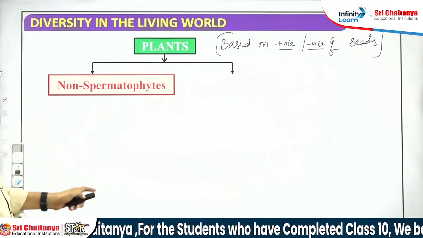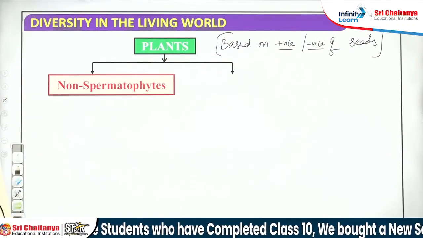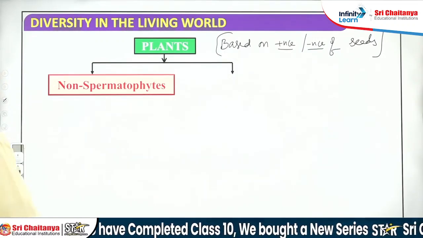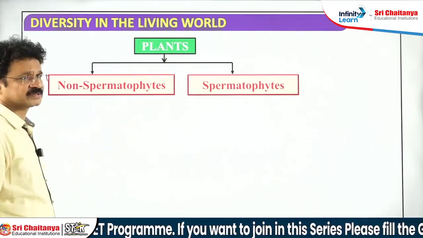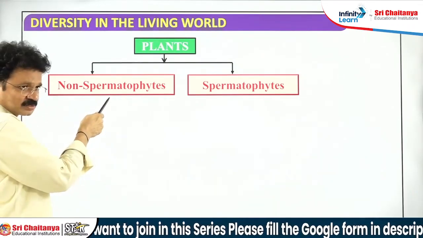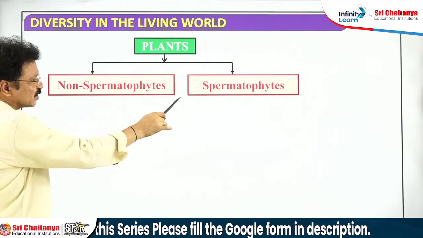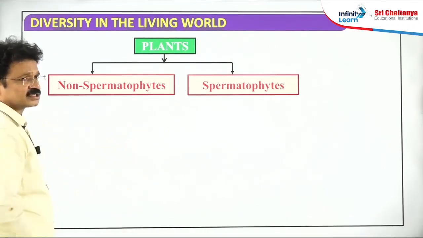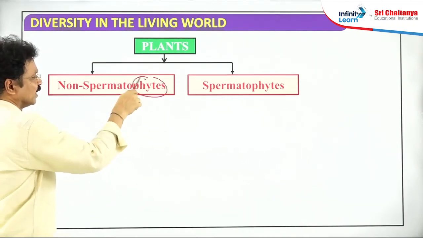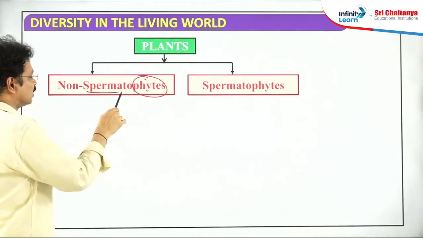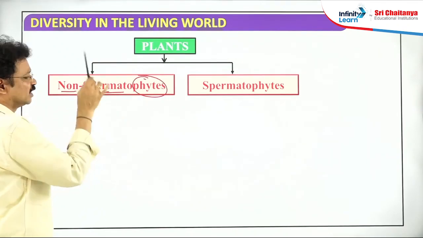Non-seeded plants are called non-spermatophytes and seeded plants are spermatophytes. Once again, what is the difference between non-spermatophytes and spermatophytes? Seedless plants are non-spermatophytes. The plants which are able to produce seeds are called the spermatophyte group of plants. Sperma, seed; non-seeded plants.